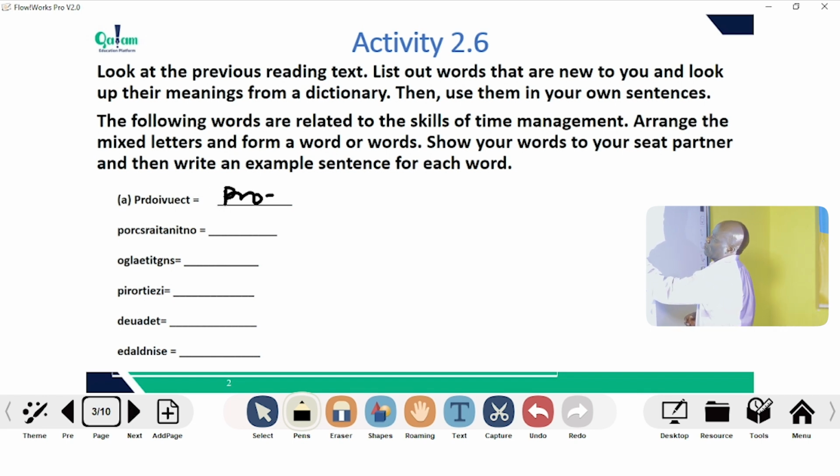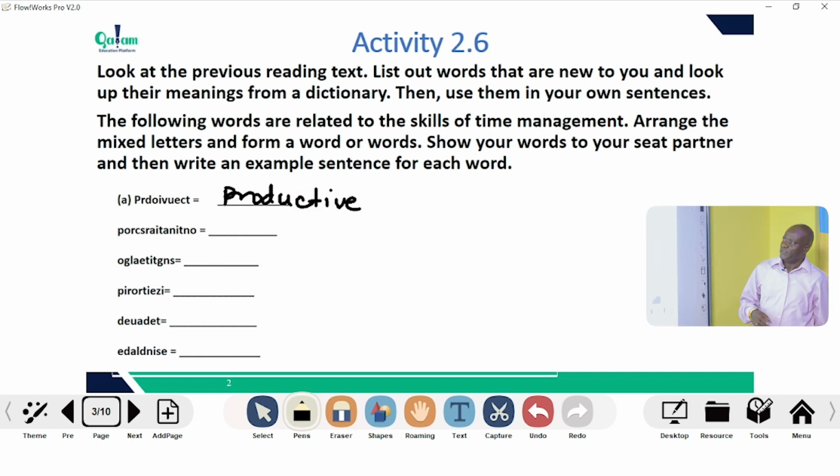productive. Productive. The correct way of writing it is productive. So after you do that, you make a sentence using it.